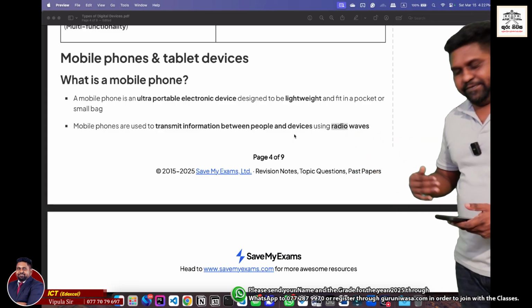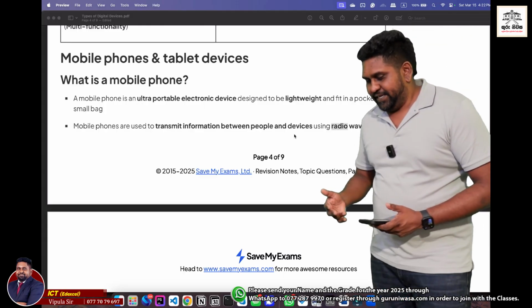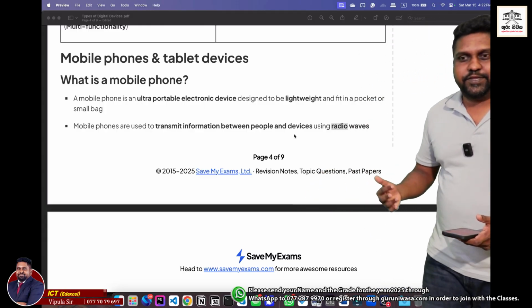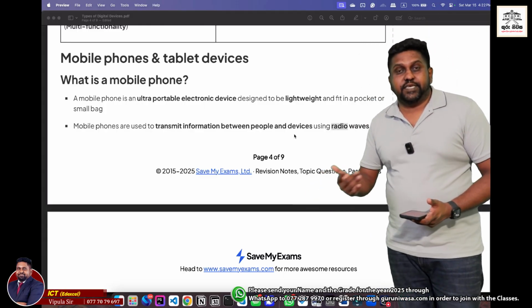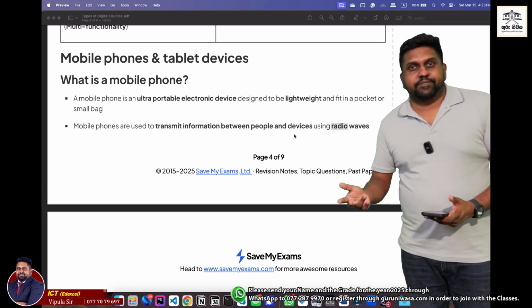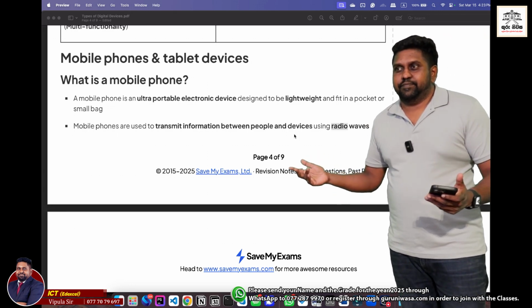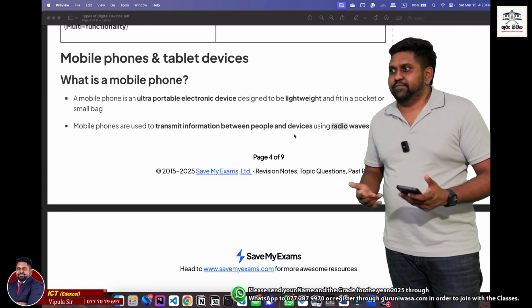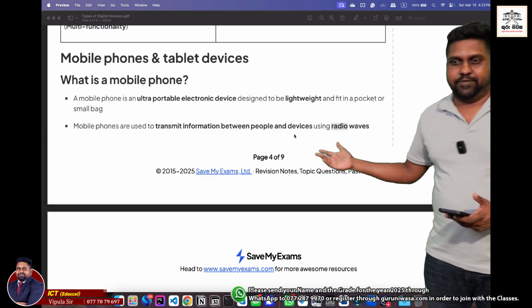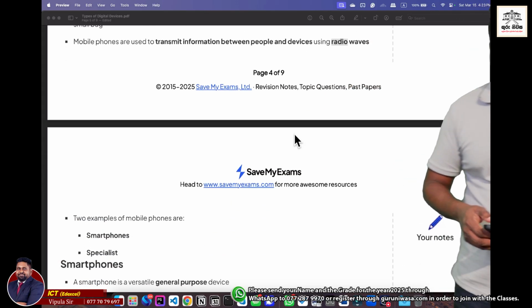Even if you say mobile phones communicate with each other using GSM, or internet, or radio waves, that would be the best answer.